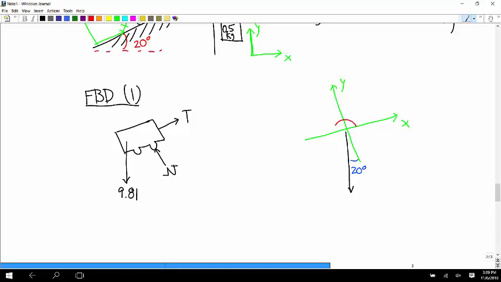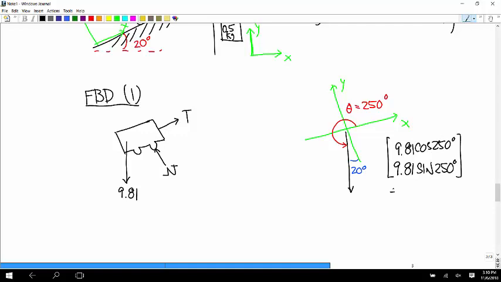The angle we want is this, so it's 270 minus 20 degrees, so 250. And so it's 9.81 times cosine and sine of 250 degrees. Can someone calculate that?